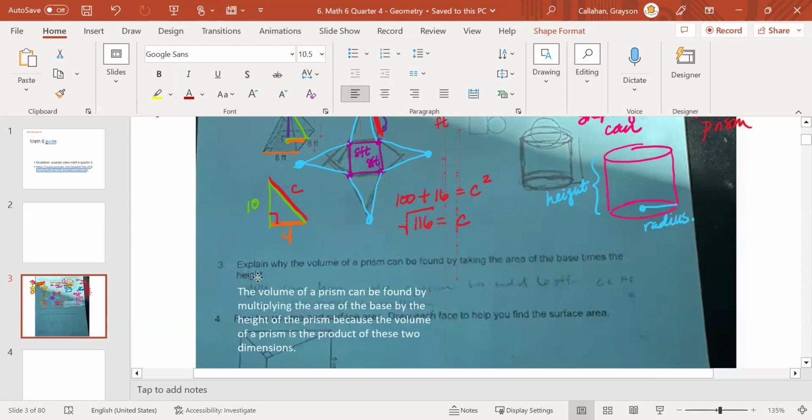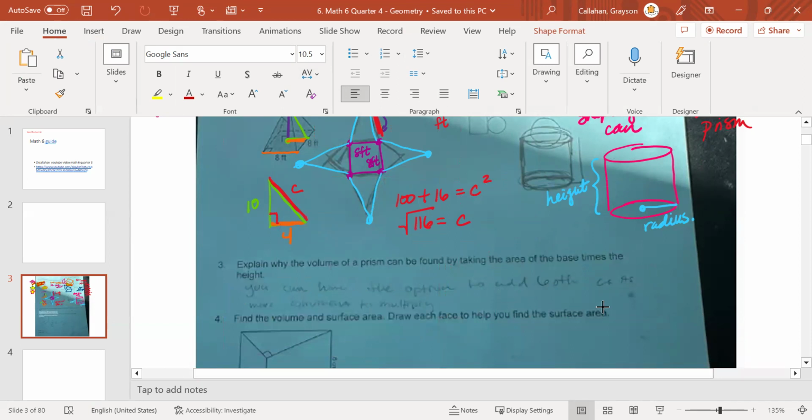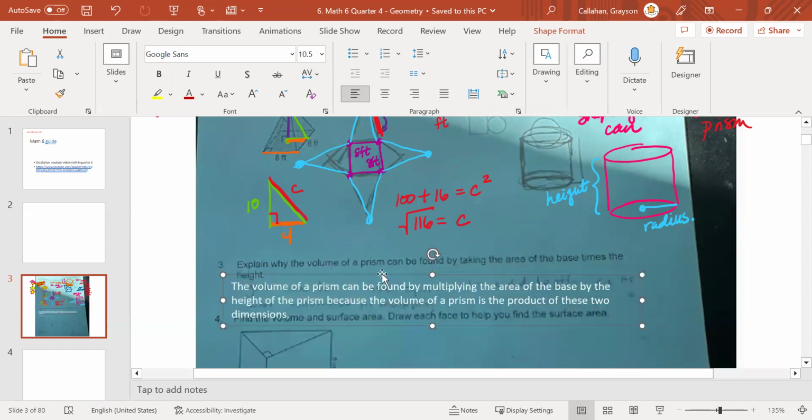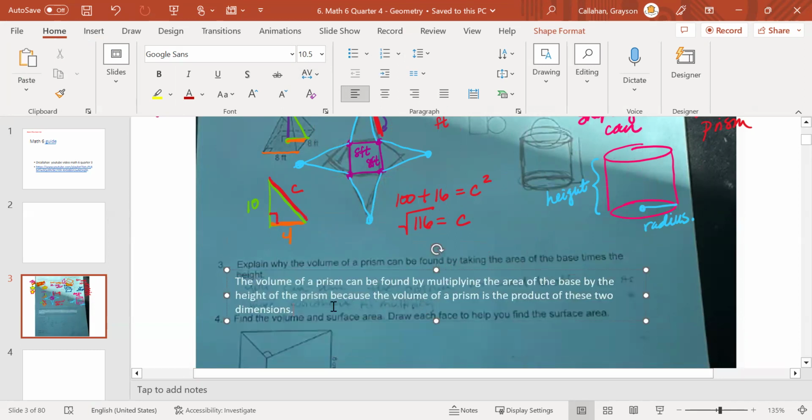So this is your answer right here. So you could think, for example, of stacking circles on top of each other to create the can.